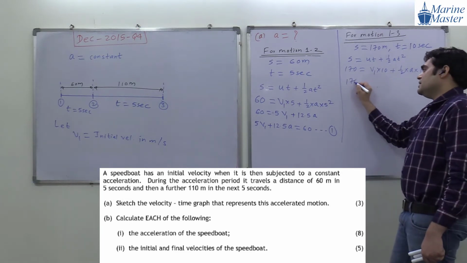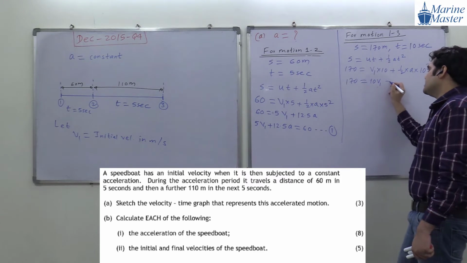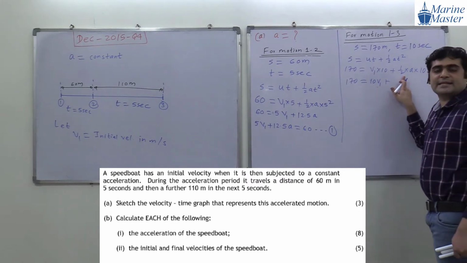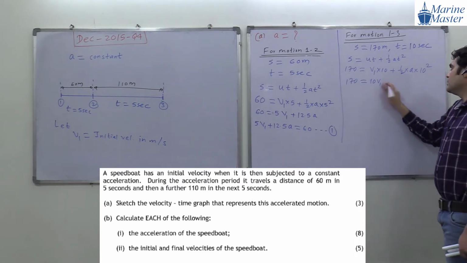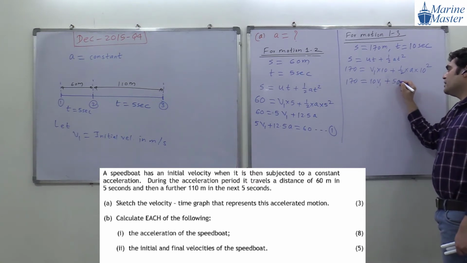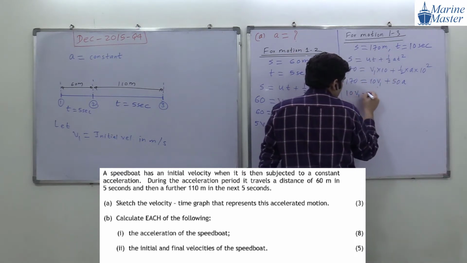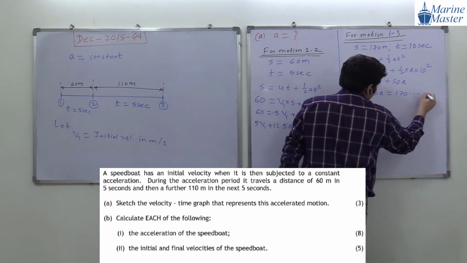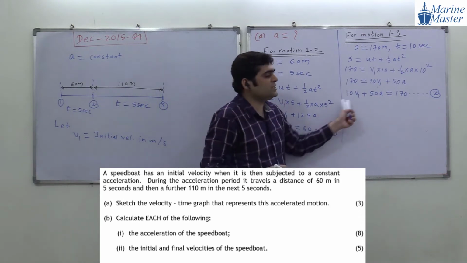So 170 is equal to 10 v1 plus 10 square by 2, which is 100 by 2, so 50A. So 10 v1 plus 50A is equal to 170, and we call it equation number 2. So we have 2 equations.